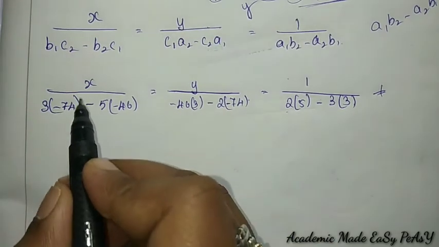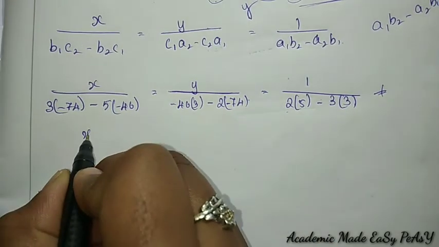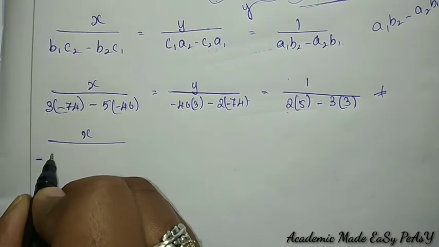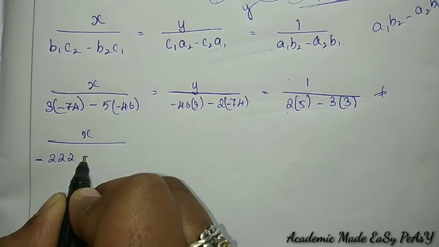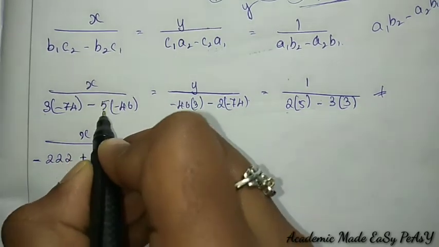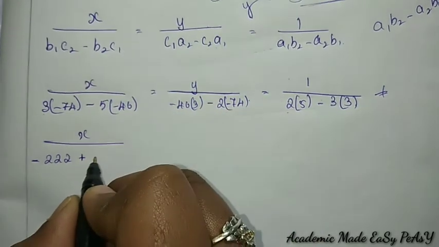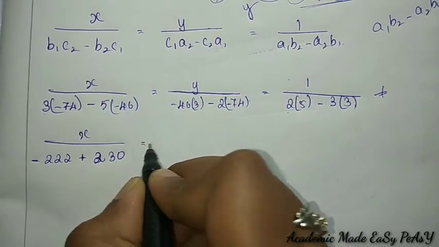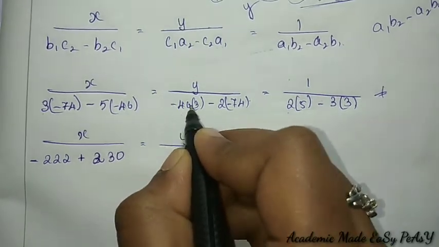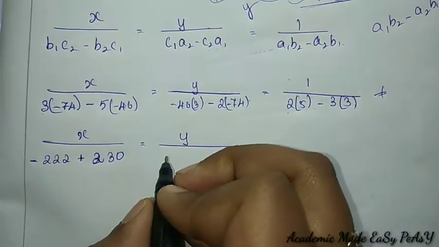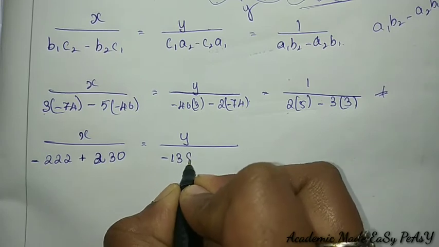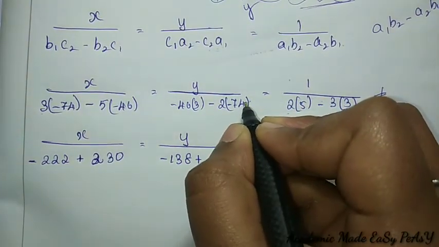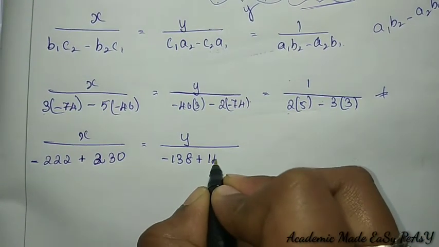In the next step, I will be calculating. So x divided by 3 into minus 74 is minus 222. Minus into minus is plus, so 5 into 46 is 230. And y is equal to minus 46 into 3 is minus 138, minus into minus is plus, 2 into 74 is 148.